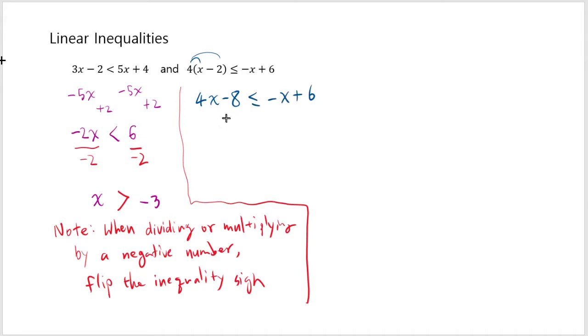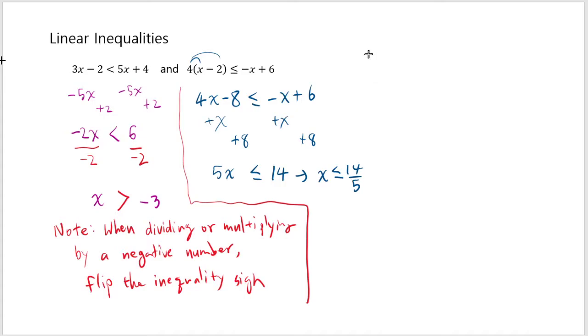And I will add x to both sides so that x is all on one side, and then I'll add 8 to both sides so that the numbers are on the other side. 4x plus x is 5x. Negative 8 plus 8 will be gone. Negative x plus x will be gone, and 6 plus 8 gives you 14. So this tells us that x must be less or equals to 14 over 5.